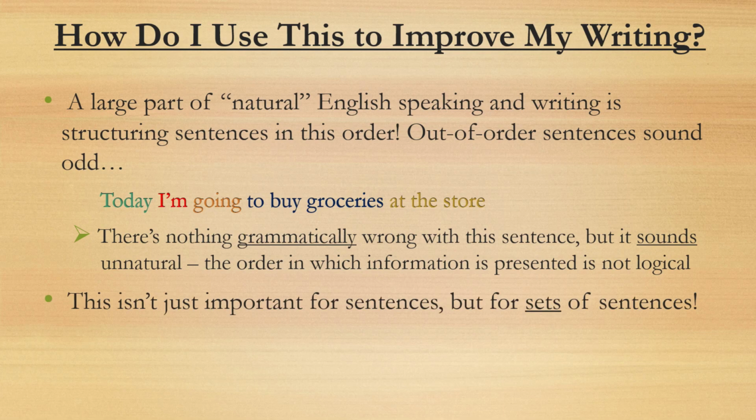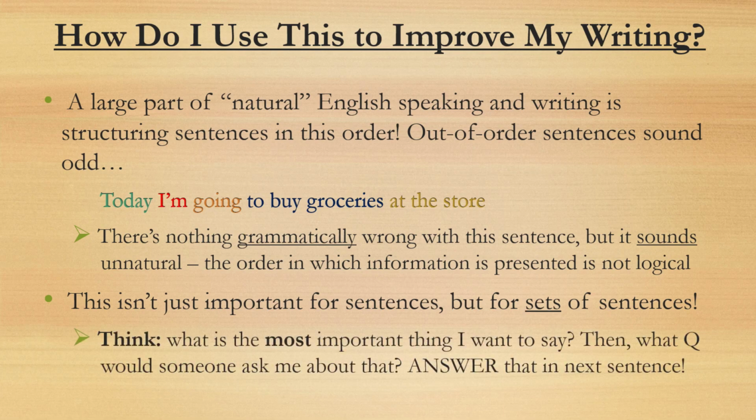And this isn't just important for sentences, but for sets of sentences. Think about what is the most important thing that you want to say in a sentence. And then, after saying that sentence, ask yourself the question, what would a person possibly ask me about what I just said?